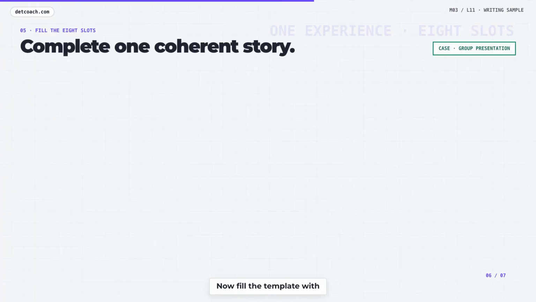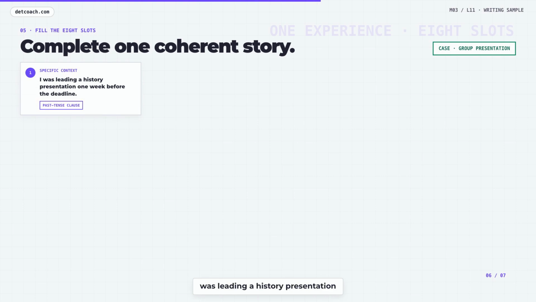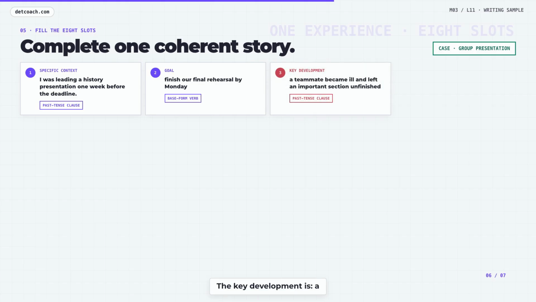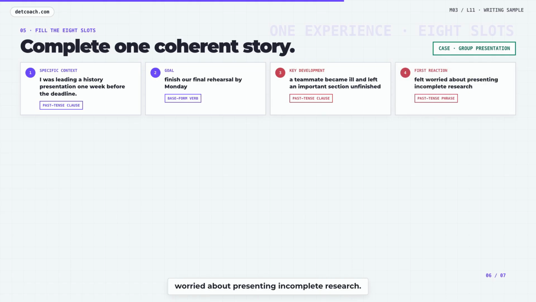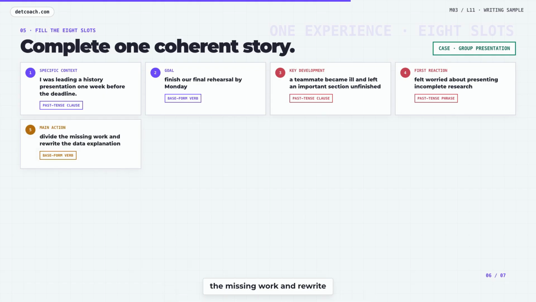Now fill the template with the details chosen for this sample response. The specific context is, I was leading a history presentation 1 week before the deadline. The goal is, finish our final rehearsal by Monday. The key development is, a teammate became ill and left an important section unfinished. My first reaction is, felt worried about presenting incomplete research. The main action is, divide the missing work and rewrite the data explanation.